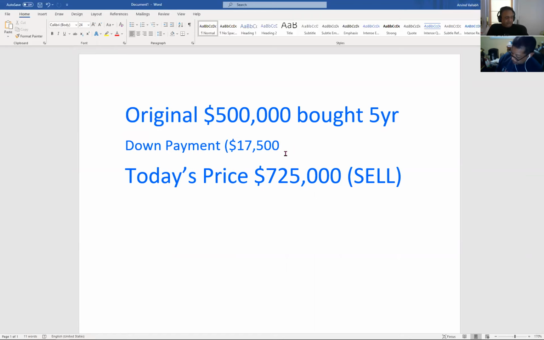Tell me if I'm wrong, by the way. 17.5. Okay, you got it. So mathematically, I thought so too. I do it mentally: 3 times 5 is 15, and then I just add 2,500 for the 0.5%. Oh wow, you got me on that calculation.